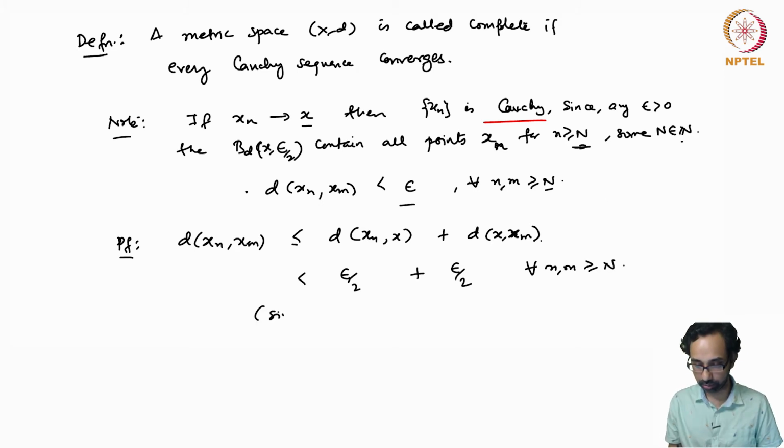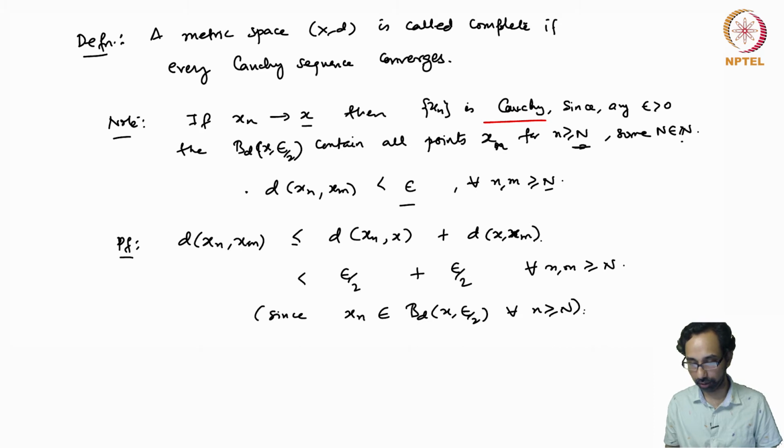This is for all n greater than or equal to N, since x_n belongs to B_d(x, epsilon by 2) for all n greater than or equal to N. So in particular, for these two points x_n and x_m, if n and m are greater than or equal to N, then both the distances from x will be at most epsilon by 2, and so the sum is strictly less than epsilon.